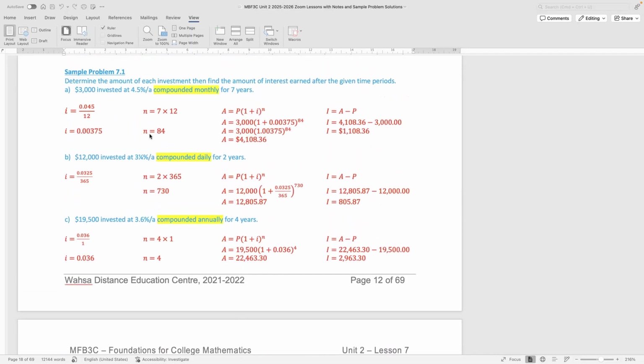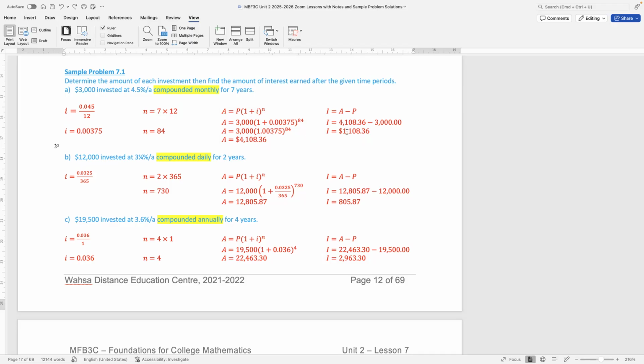So if you're solving problems, follow this pattern for the solution. Step 1, find i. Step 2, find n. Step 3, do the substitution into the formula A equals P times (1 plus i) to the power n. Do the calculations and then solve for i if that is required. Not always required. If it is, then you follow this.